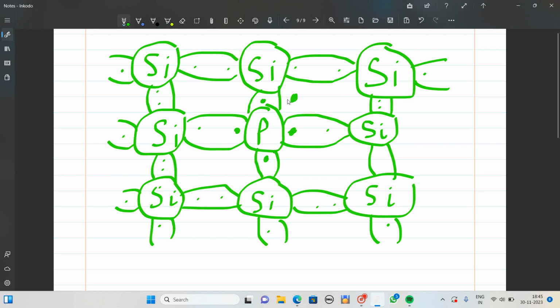So this electron will be a free electron, which is of phosphorus, and it will roam around in the given structure.